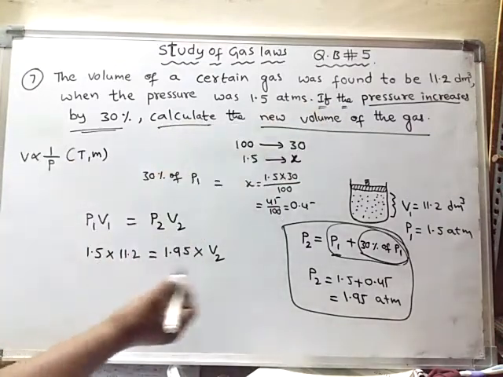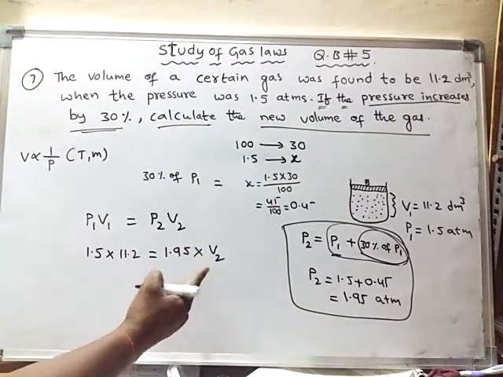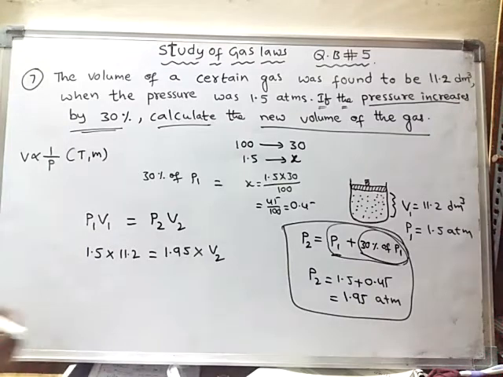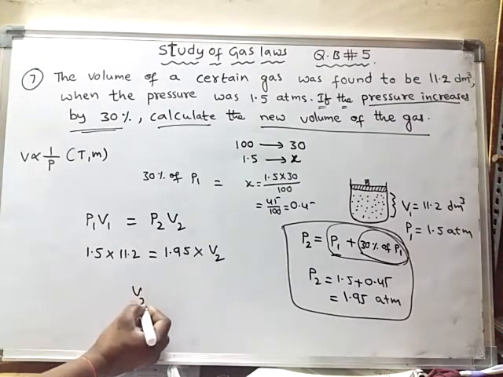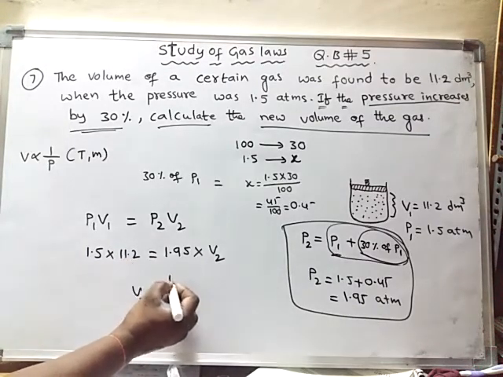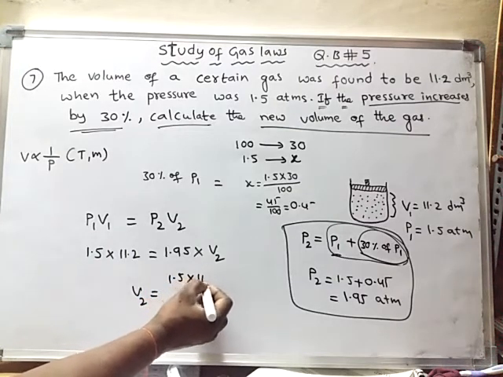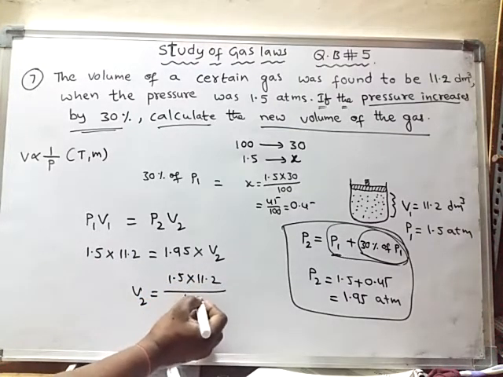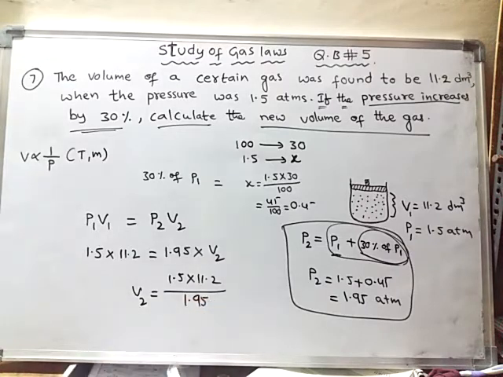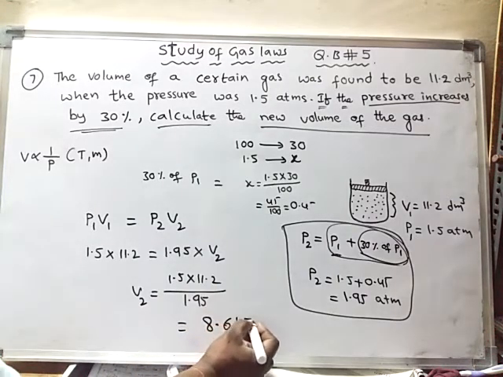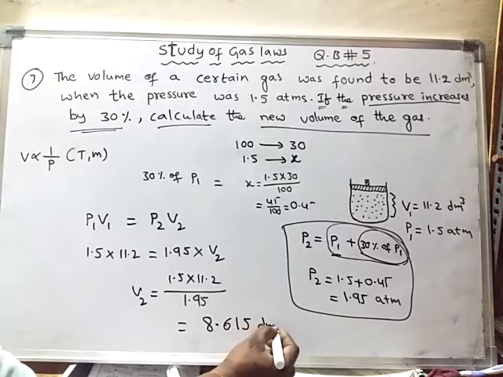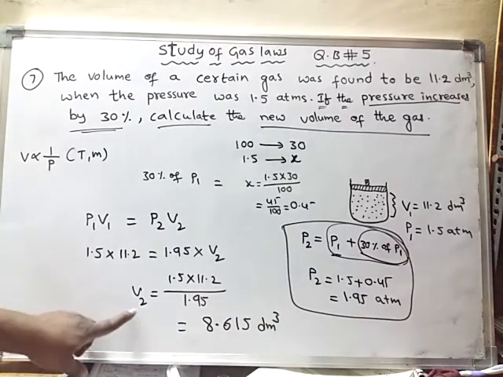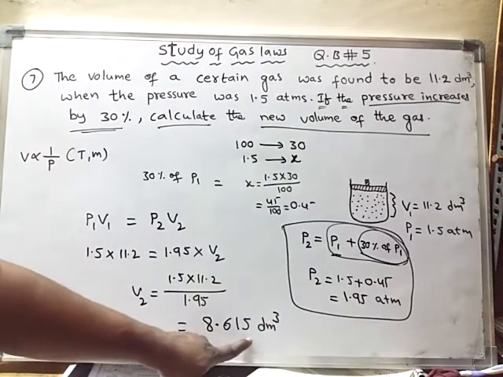Therefore V2 will be calculated as 1.5 into 11.2 by 1.95. Upon calculation, we finally get 8.615 decimeter cube. That means the new volume is 8.615 decimeter cube.